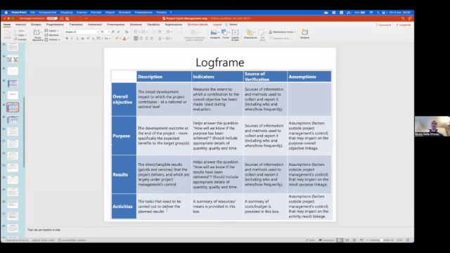Of course, we can read it from the bottom up or from the top down. This depends a bit on the kind of analysis we're trying to do. Normally in the analysis phase, we start from the central problem and the central objective that is connected to the problem.